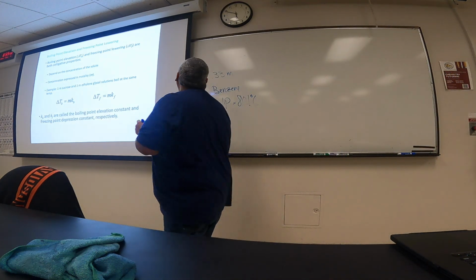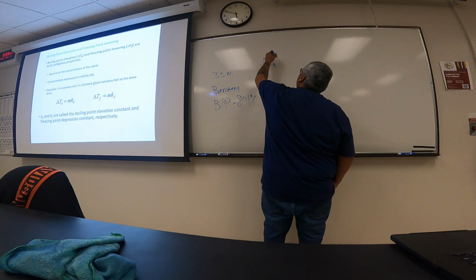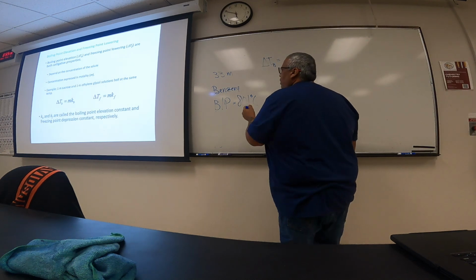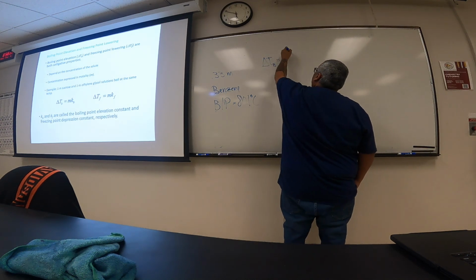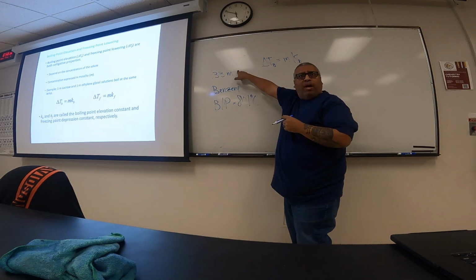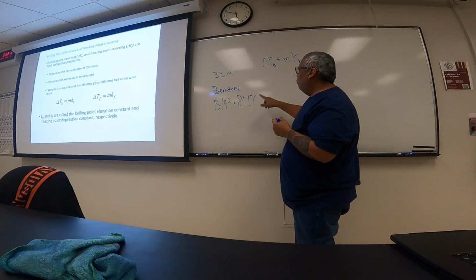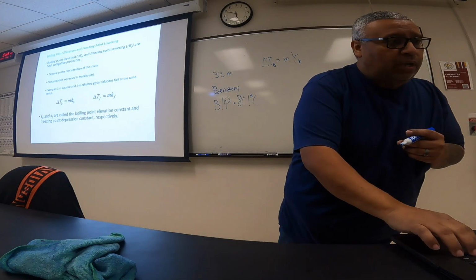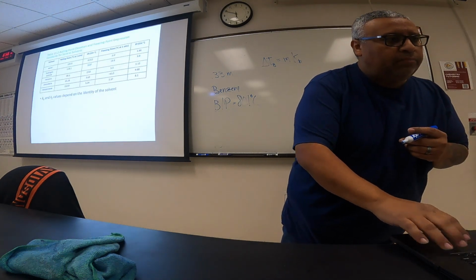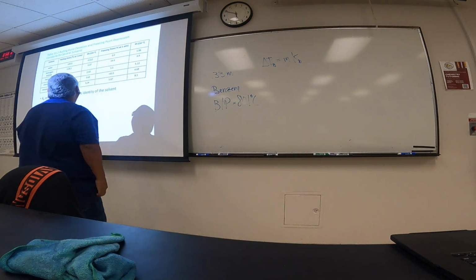Now, our formula for this is the change in the boiling point temperature is equal to molality times this K sub B, this boiling point constant. So we have the molality, and we have the boiling point constant, which we did not write down, but let's get it real quick. For benzene it is 2.53.